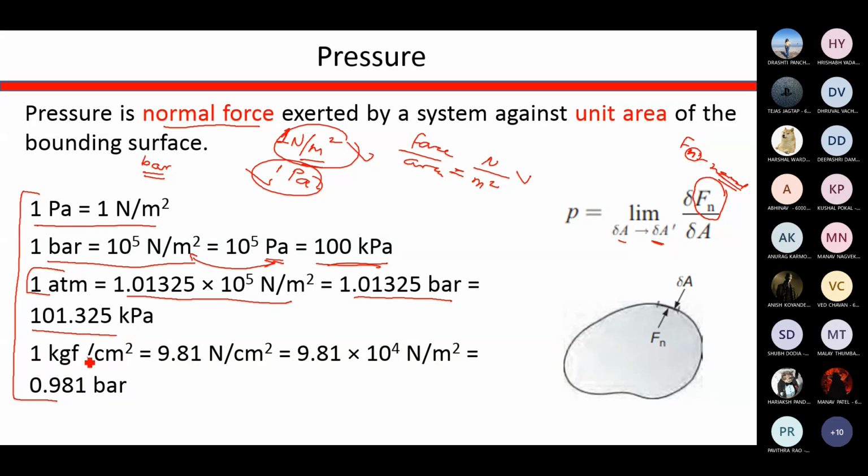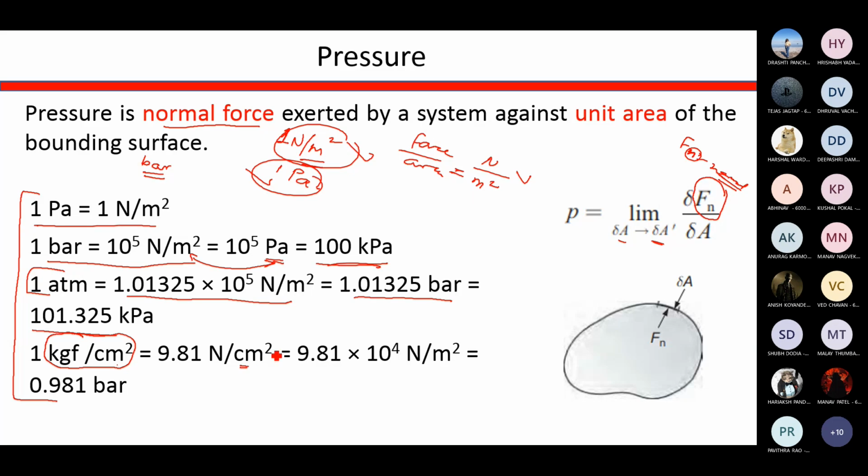And one more unit is there, kgf per centimeter square. So write down 1 kgf per centimeter square. Kgf stands for kilogram force. So 1 kgf you will convert to Newton as 9.81 Newton divided by centimeter square.